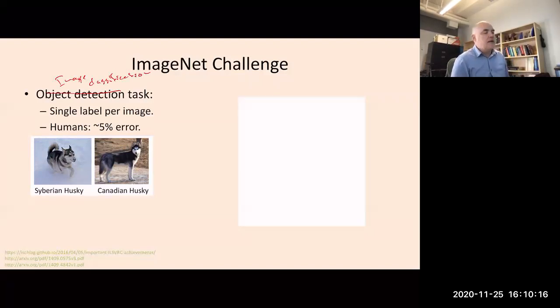You get a single label, and the labels are dense enough, in other words the specific classes of objects are sufficiently difficult to distinguish, that humans actually get around 5% error on this. So if I blanked out which of these was a Siberian Husky and which was a Canadian Husky, unless there were connoisseurs in the class, I would be willing to bet that many of us would get that labeling wrong.